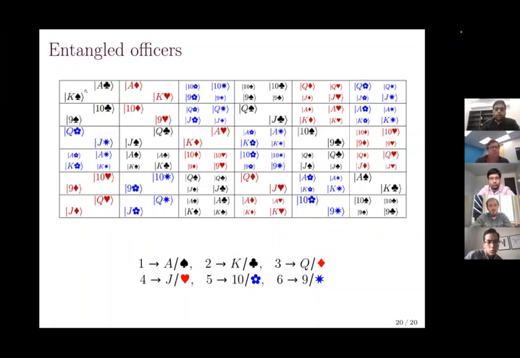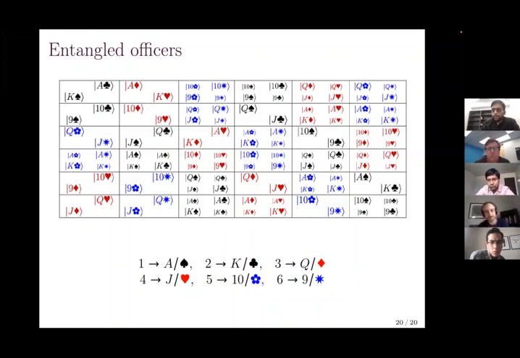Instead, what they have found is a superposition of these officers of different rank and suit, such that you have a quantum orthogonal Latin square, and correspondingly, there is an absolutely maximally entangled state of 4 systems, each of dimension 6. So this is the result. That's it. Any questions?